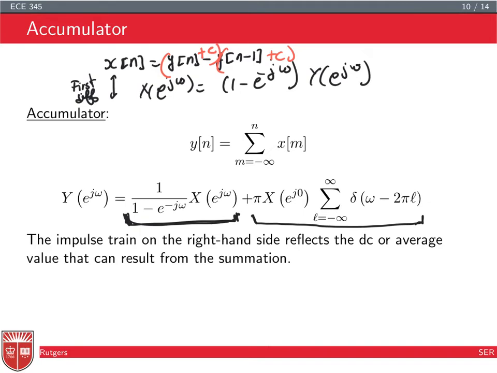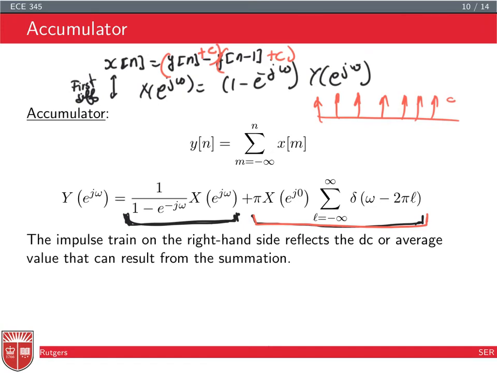So I need to account for this constant, and this is how I get this term. Any constant c is actually an impulse train in the frequency domain, right? And when you do the DTFT of it, this is going to give you an impulse train also in the Fourier domain, or in the frequency domain. That was the exercise at the end of the previous lecture.